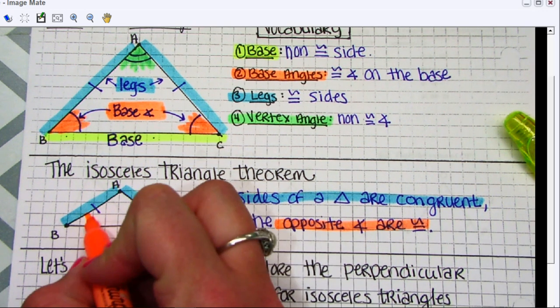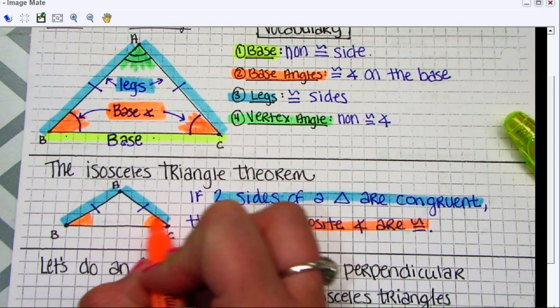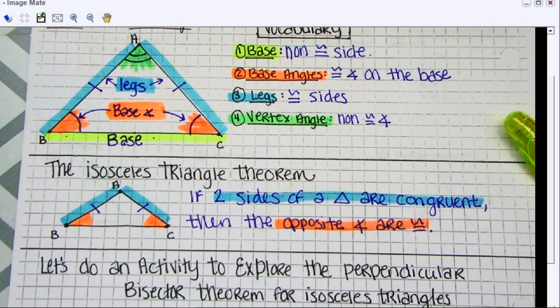Those are base angles. Basically, if two sides of a triangle are congruent, then the opposite angles are equal. It's basically saying what we learned up there. We're just putting definition into a theorem. If you've got two equal sides, you have two equal angles.